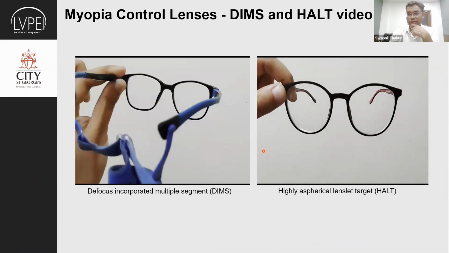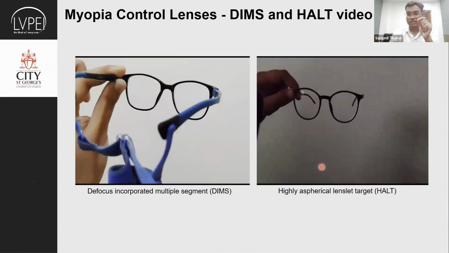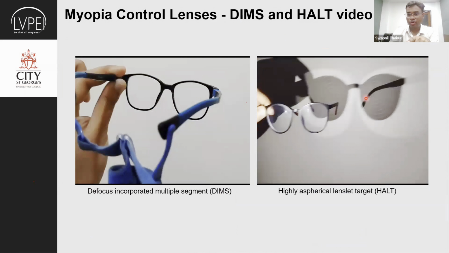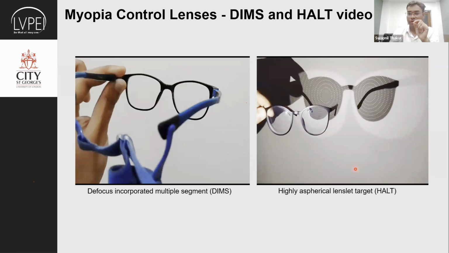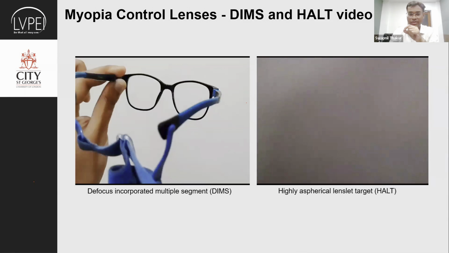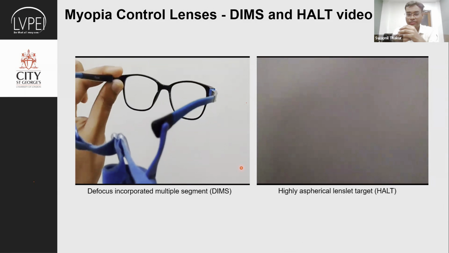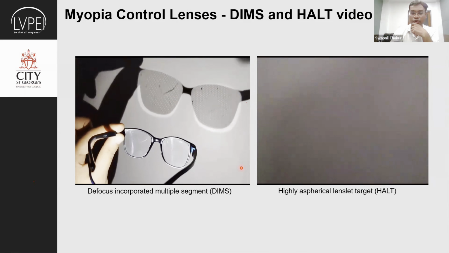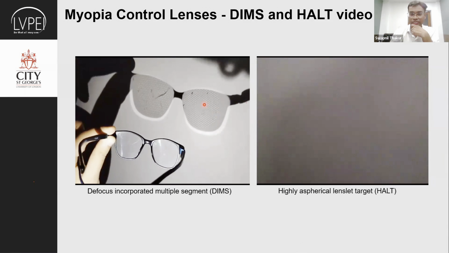I'll just show you a video of how those lenses look. On the right-hand side, we see a more concentric ring pattern for the HAL lenses, and the first video on the left-hand side will show you the pattern of defocus for the DIMS lenses.